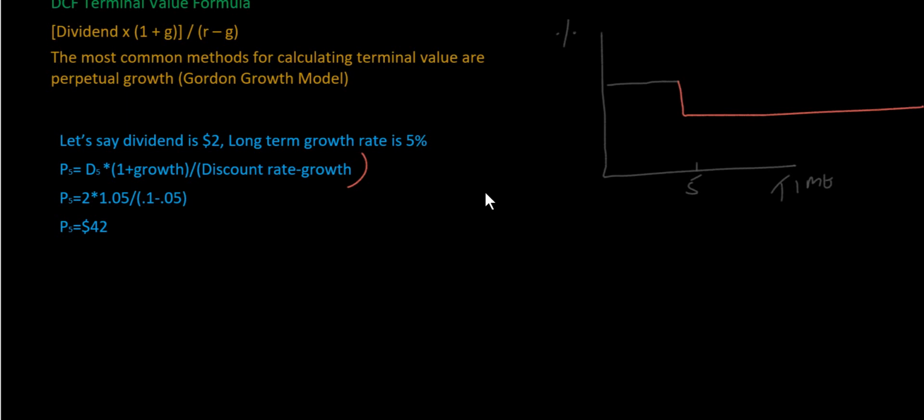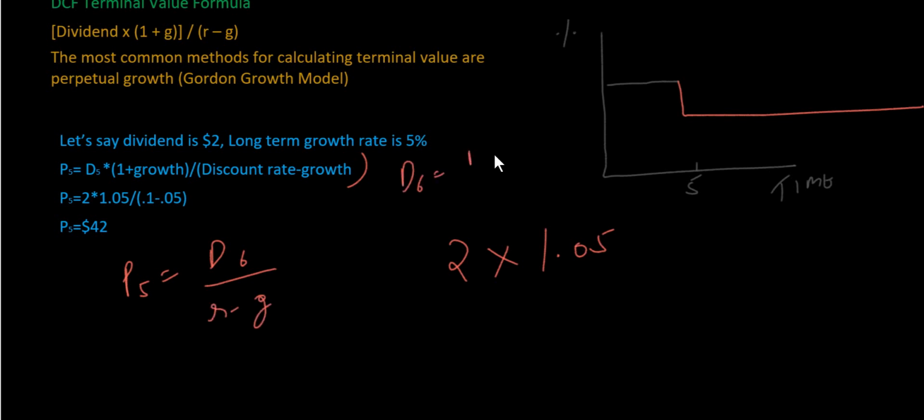Let's say my dividend is $2 and my long-term constant growth rate is 5%, so it's 1.05. Now this will give me my D6. So I can say P5 equals D6 upon r minus g, and D6 is nothing but this year's dividend into 1 plus g, and this g is my long-term growth rate.